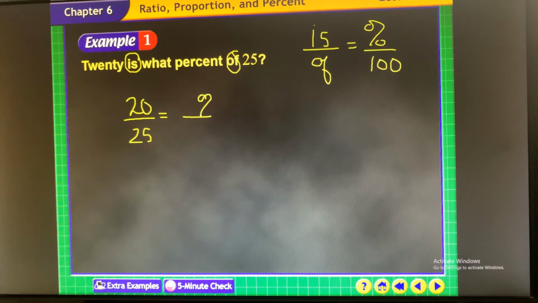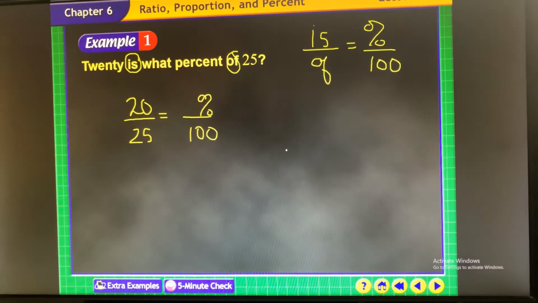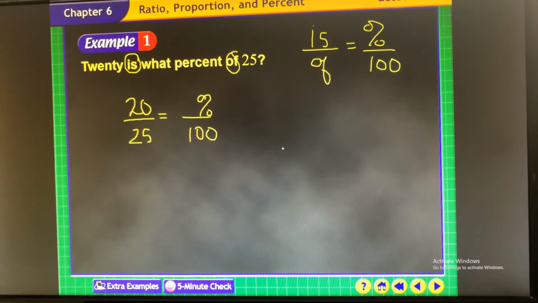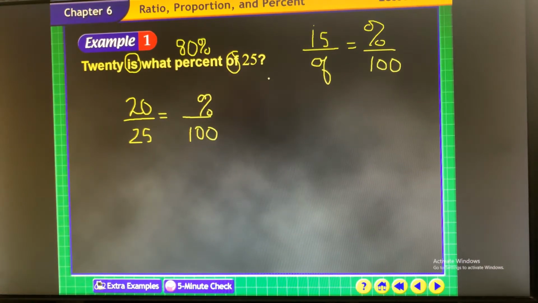That's what we're looking for, over 100. So go ahead and do your cross multiplying and divide. You can do 20 times 100 and then divide by 25 and get 80. So it's 80%. Go back up here: 20 is 80% of 25. That makes sense. 80% is a big percentage and 20 is pretty close to 25. So it makes sense.